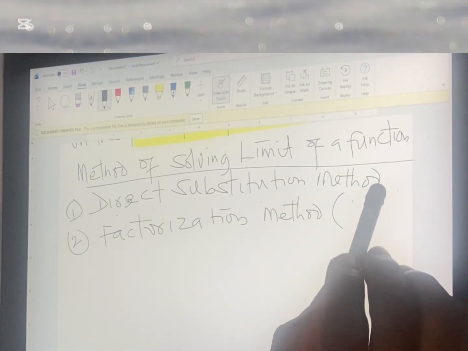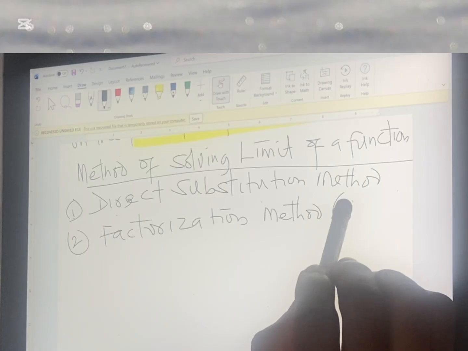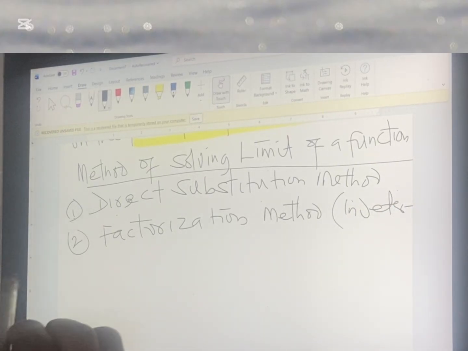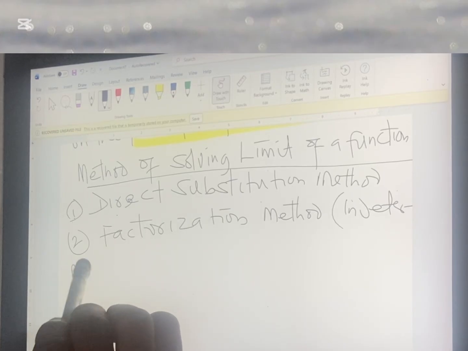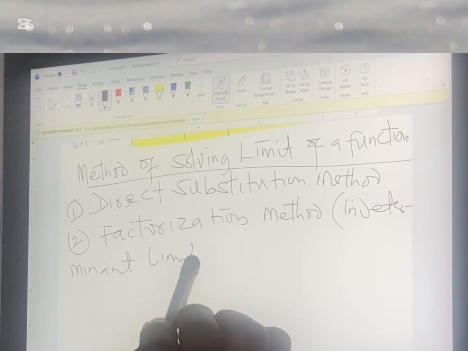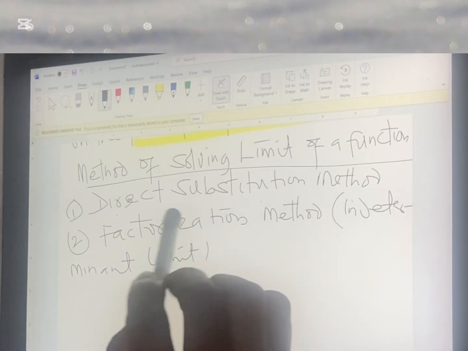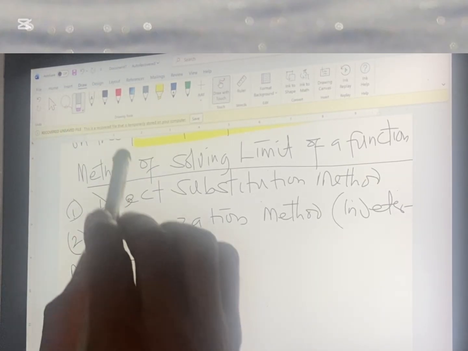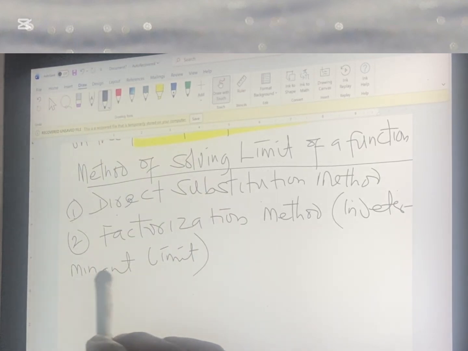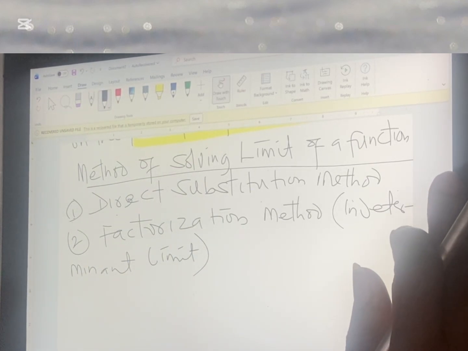We use this for indeterminate limit of a function, for indeterminate limit. We are going to know what indeterminate limit is. All right, we use this factorization method for indeterminate limit.